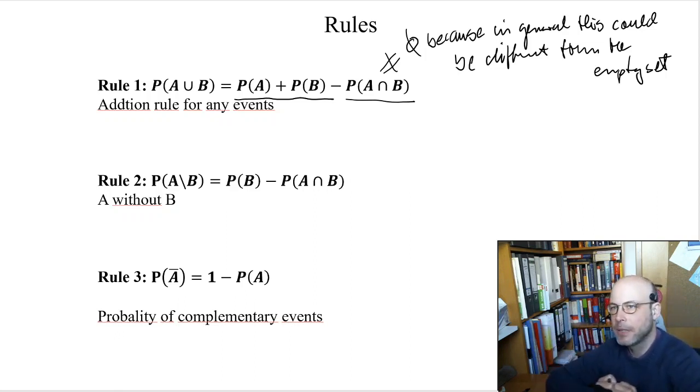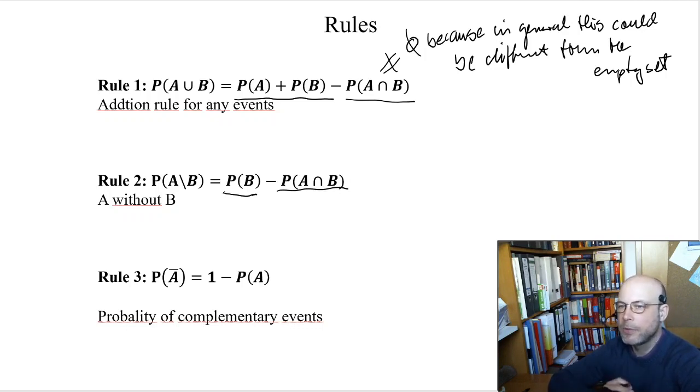Second rule, if we want to know the probability that A does not happen but B does, then this is the probability that B happens minus the probability that A and B happen together.